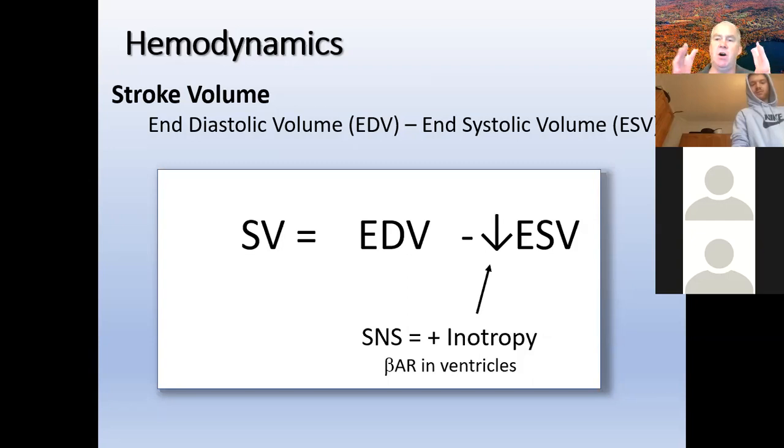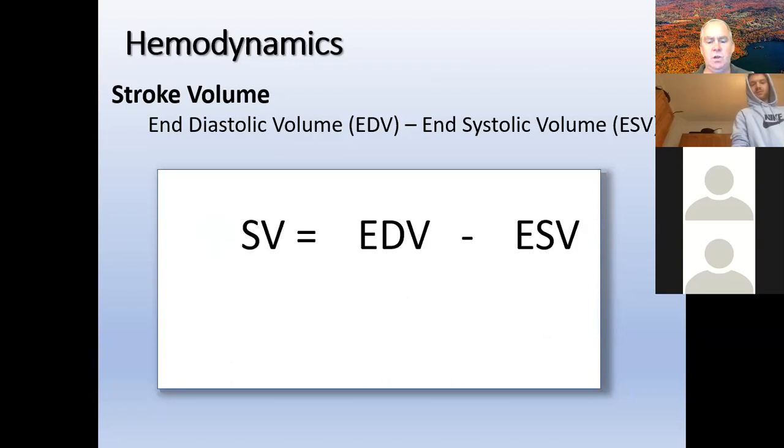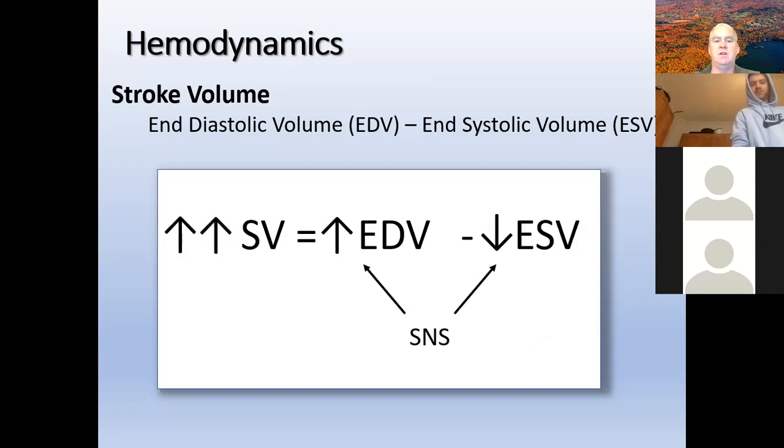So you're contracting harder and more of the blood in the heart gets out. So that's decreasing your end systolic volume, and that will also increase stroke volume. So in general, your sympathetic nervous system is affecting both end diastolic volume and end systolic volume. And because it's affecting both, it is greatly increasing stroke volume.